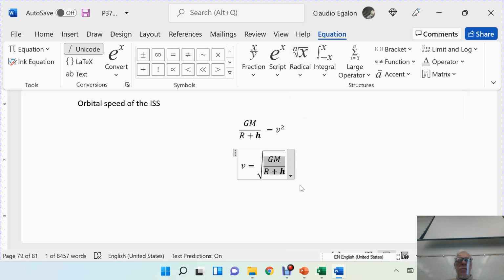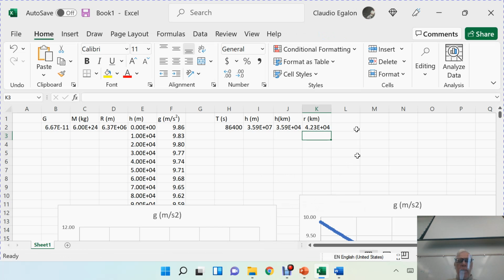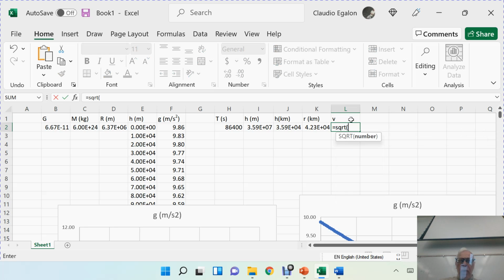Here's 350. Let's go to Excel. Excel, let's see, speed. Go. Square root. Big G, big M, divided by the radius of the Earth, plus 350,000, because it is in meters.